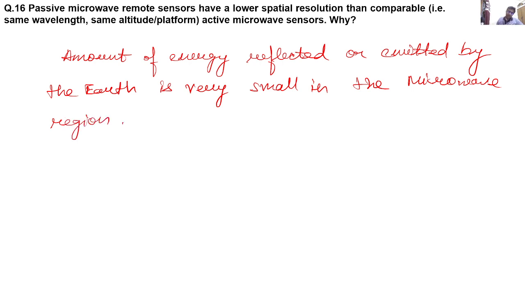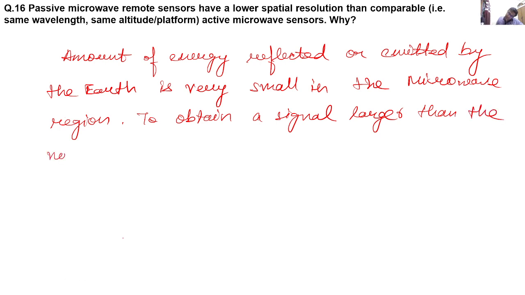To obtain a signal larger than the noise, we need to ensure that the signal to noise ratio is large.